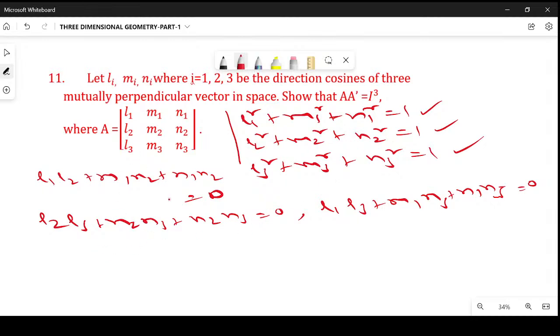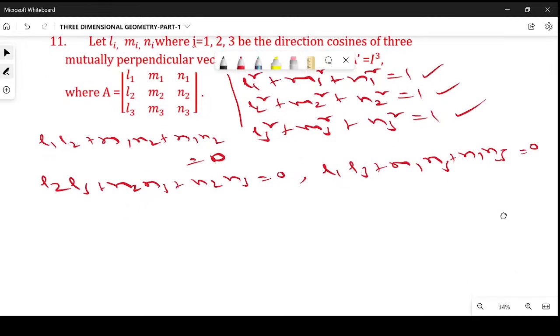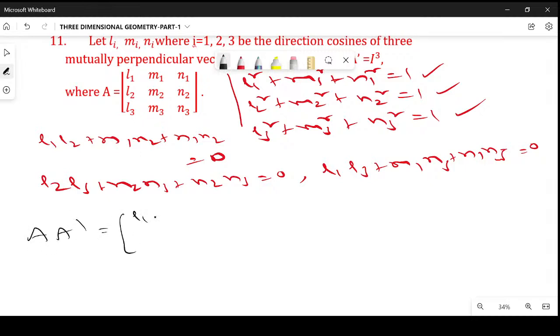So after knowing this one, now you take A into A transpose. When they are asking to multiply A into A transpose, the matrix A is L1 M1 N1, L2 M2 N2, L3 M3 N3. Be careful here when writing this one.